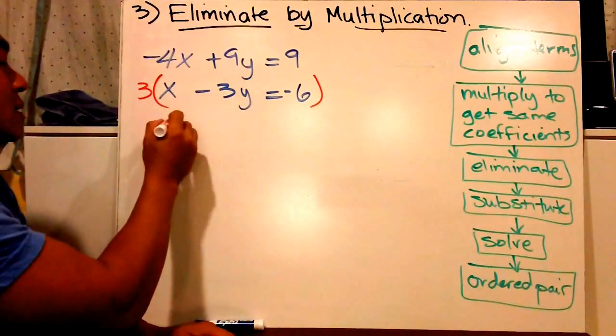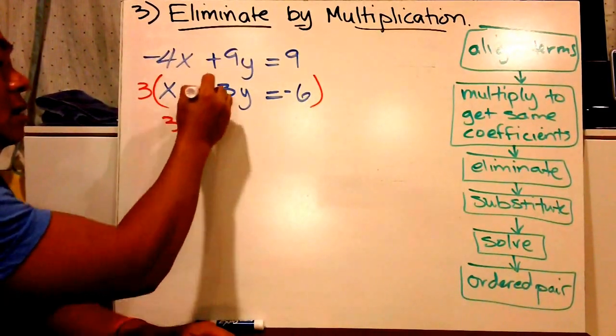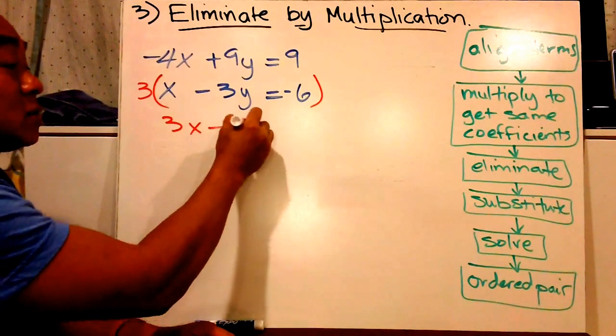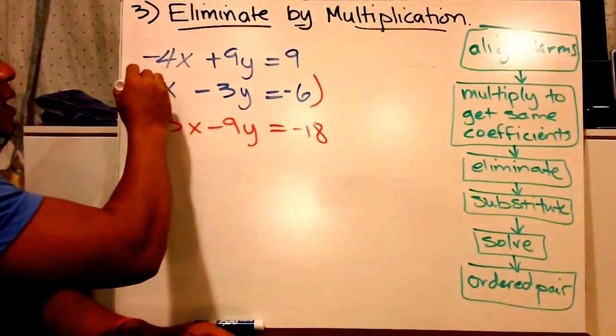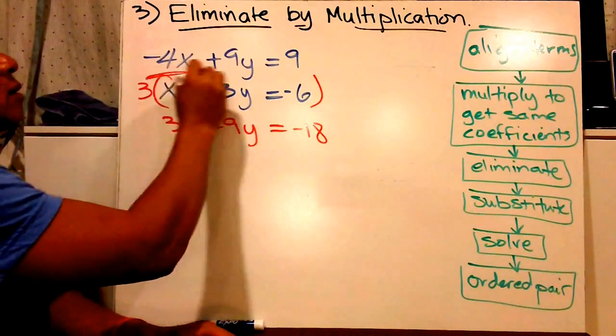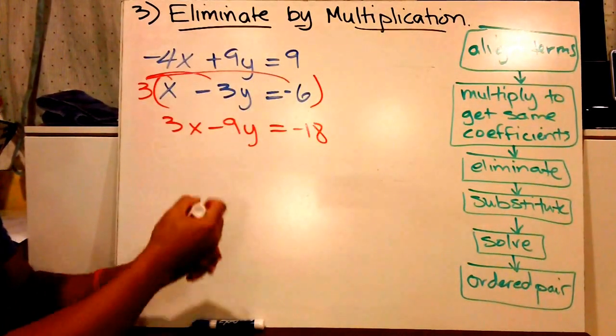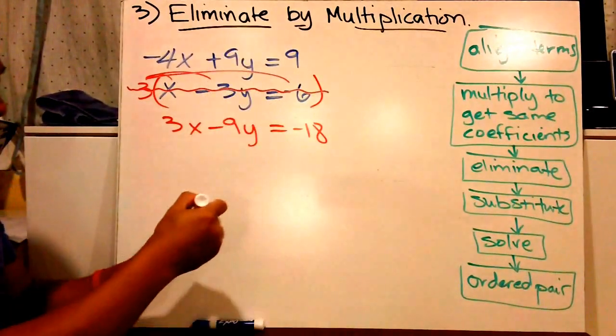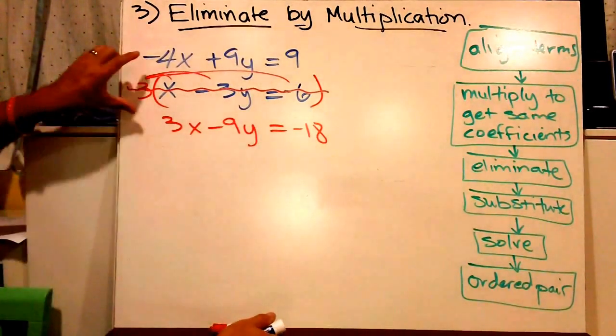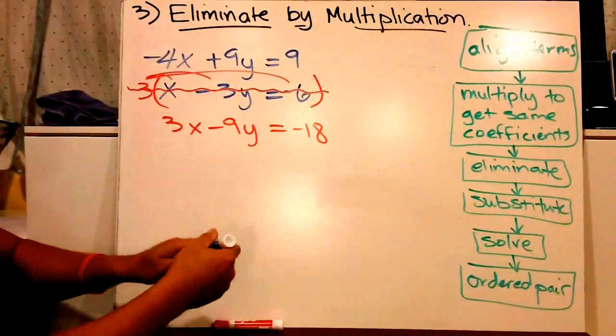So I'm going to rewrite this. It's going to look like 3x minus 9y, which is what we wanted, is equal to negative 18. And don't forget, you are distributing to all of them. Okay? So that's our new equation for this one. And I'm going to do some quick cross-cutting on this one.